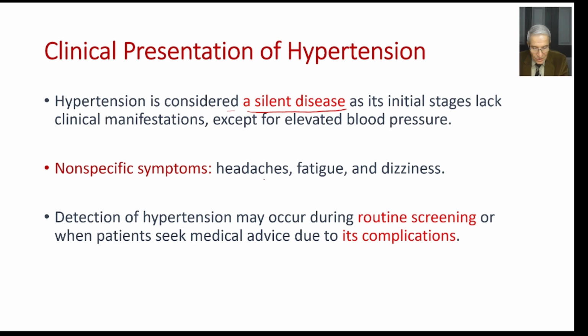Sometimes the patient comes to the clinic suffering from headache, fatigue, or dizziness. Normally we detect blood pressure during routine screening, during a clinical visit when the healthcare provider measures the blood pressure and finds it high, or the patient starts suffering from complications. If the patient has high blood pressure for a long time and ignores it, the patient will start suffering from complications of hypertension.